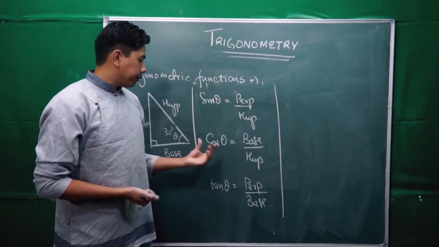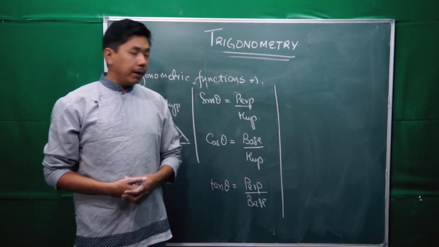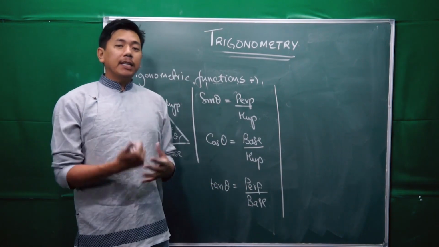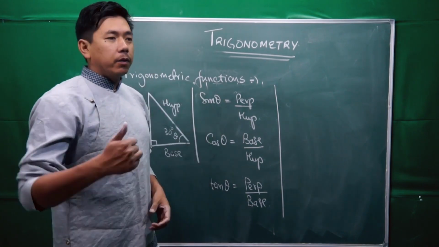Like for sine, for cos, it's based upon hypotenuse. For tan theta, it is perpendicular upon base. Likewise, we have certain inverse trigonometric, so not actually inverse but reciprocal.